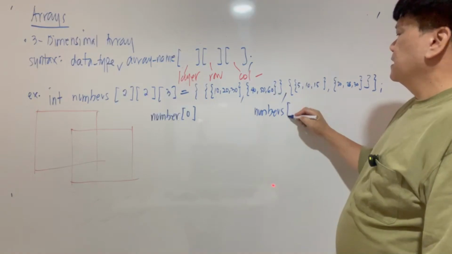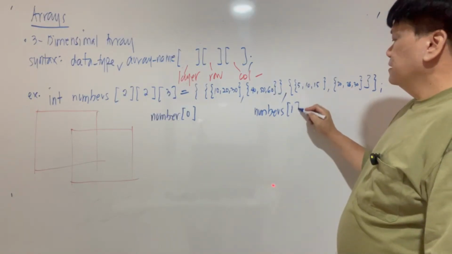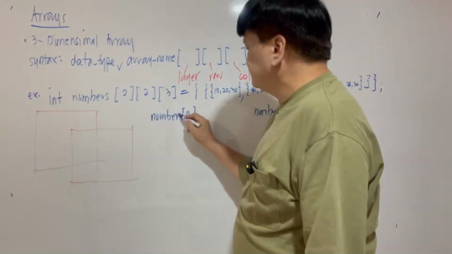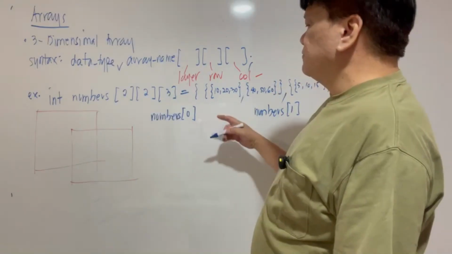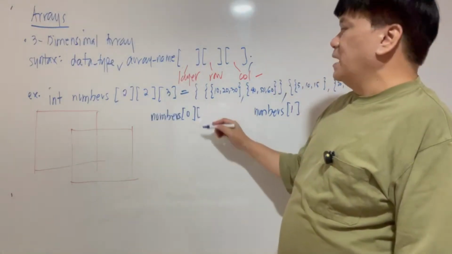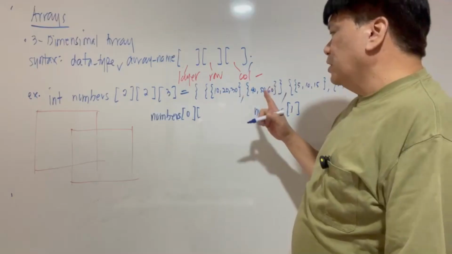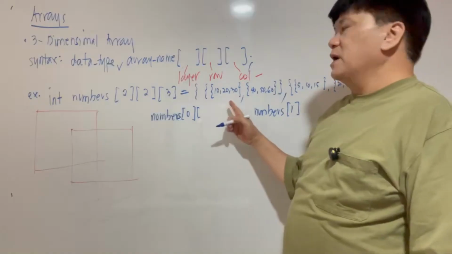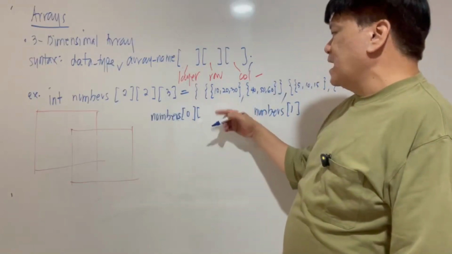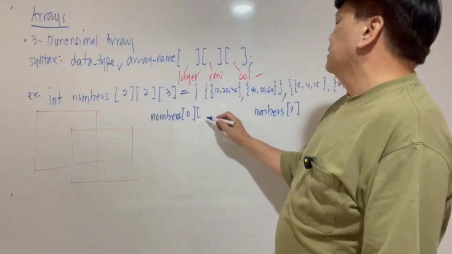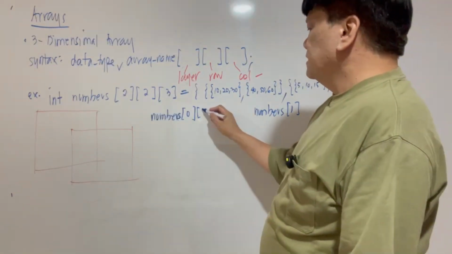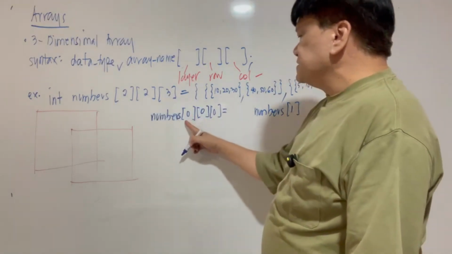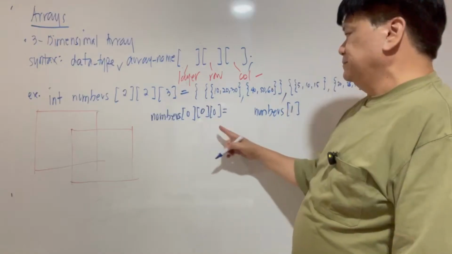Numbers, and then for the second layer, numbers, you have there 0. And then let's talk about the first layer, first row, and first column. You can just access 0, 0, 0, for the first layer, first row, first column.